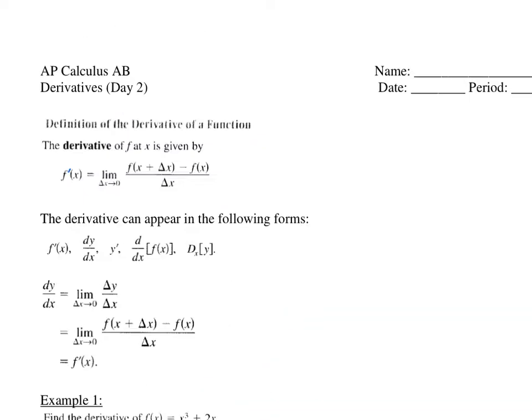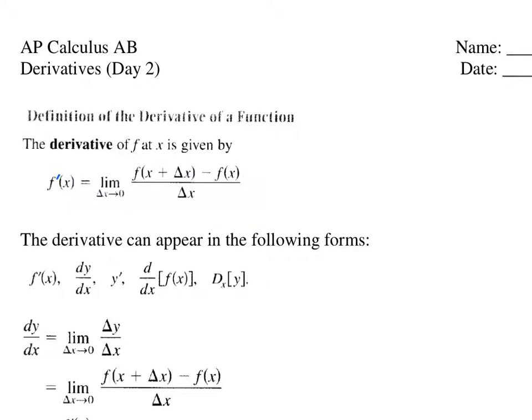Because we don't want to have to go through that whole limit process for every different point that we want the slope at. Okay? So as you can see here at the top, it says the definition of the derivative of a function. And this is really the one that you're going to want to memorize. Okay? It says f prime of x, that's the notation there for the derivative. You see the little blue prime next to f.